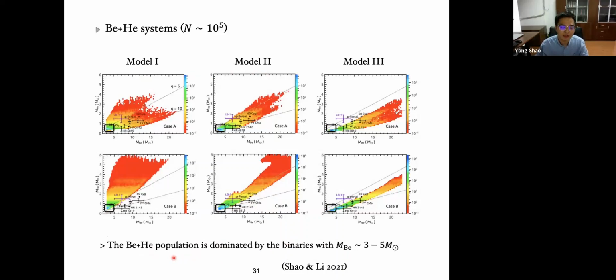And for our calculations, we find that the B plus hidden star population is dominated by the binaries with a low mass B star of mass about 3 to 5 solar mass. However, for the observed sample, their B stars always have a mass larger than 5 solar mass.